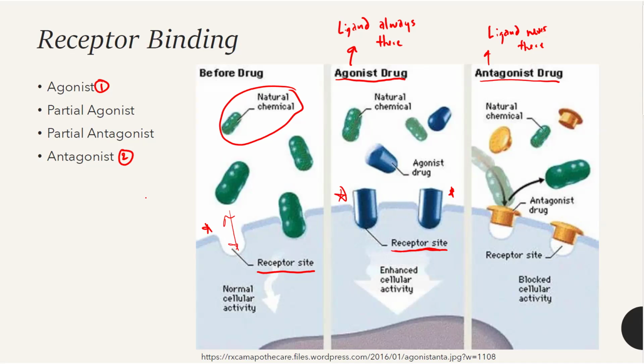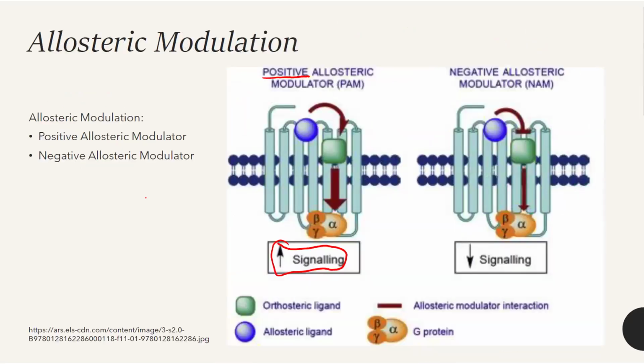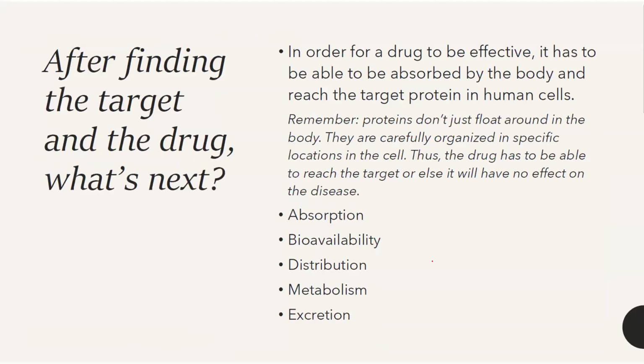And similarly with the partial antagonist. Now, allosteric modulation, I want you to think about this as a molecule that leads to an increase, a positive, a PAM. I don't know if anyone watches The Office, but isn't that The Office? Yeah, The Office. A PAM is something that increases signaling, and a NAM is something that decreases signaling.